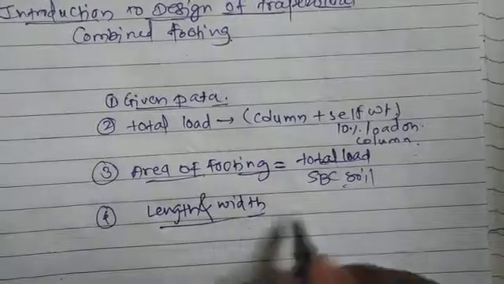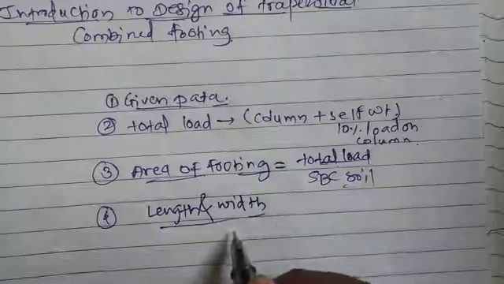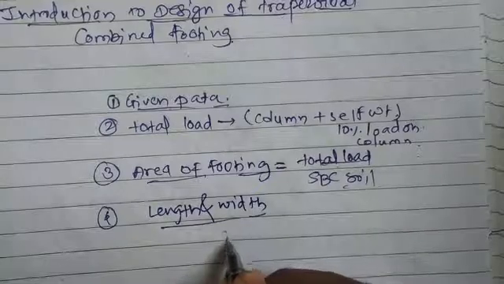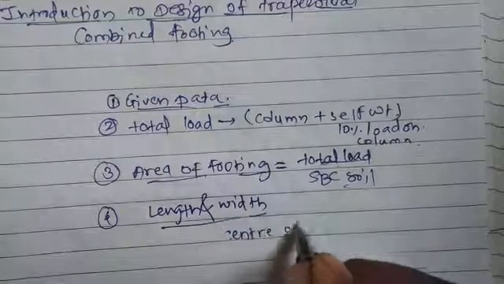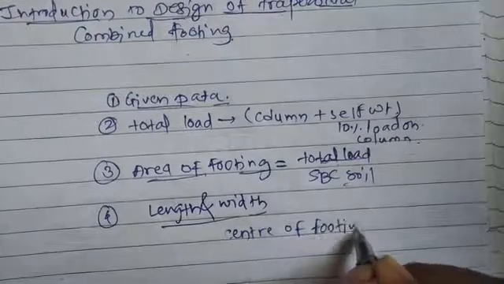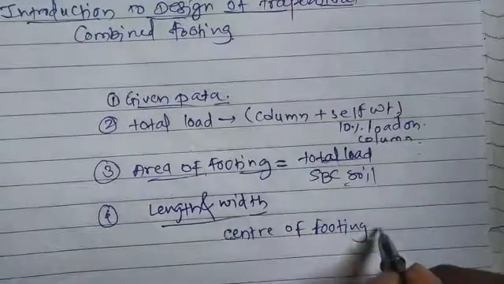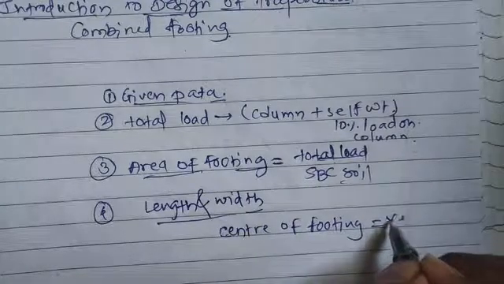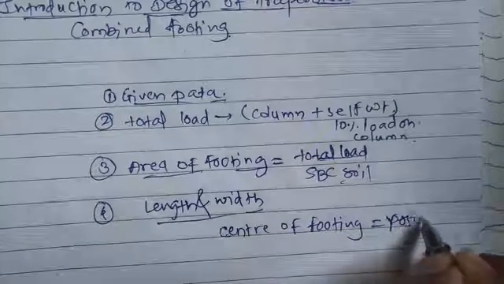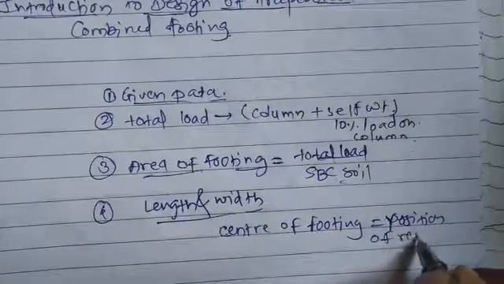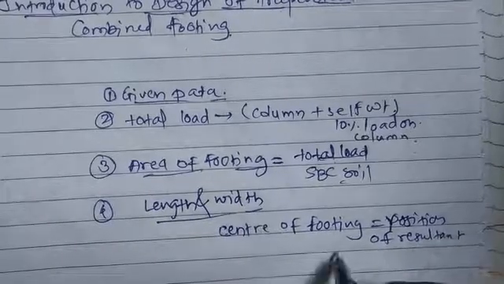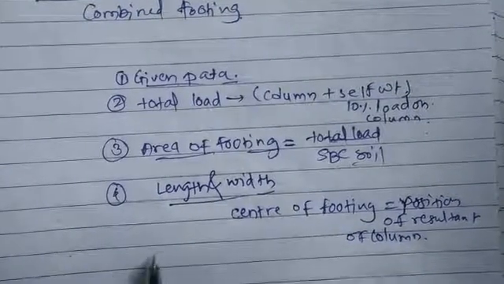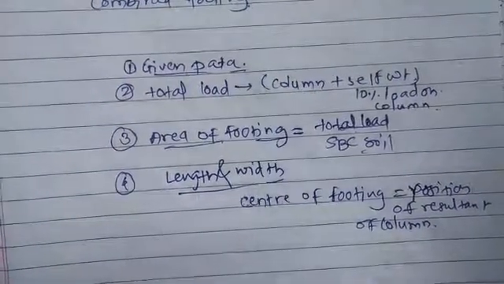While calculating this length and width, we have to take care that the center of footing, that is the center of area of footing, should match with the position of the resultant of column load. So this care has to be taken while calculating the length and width.